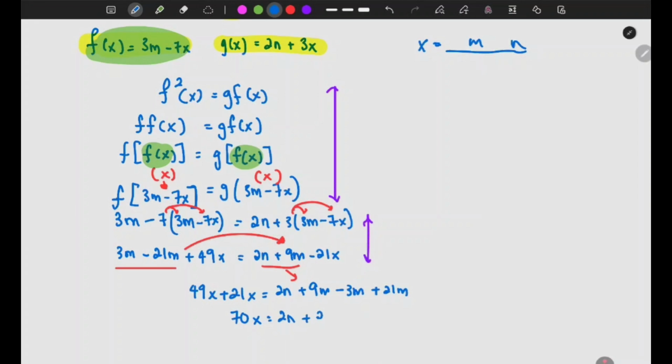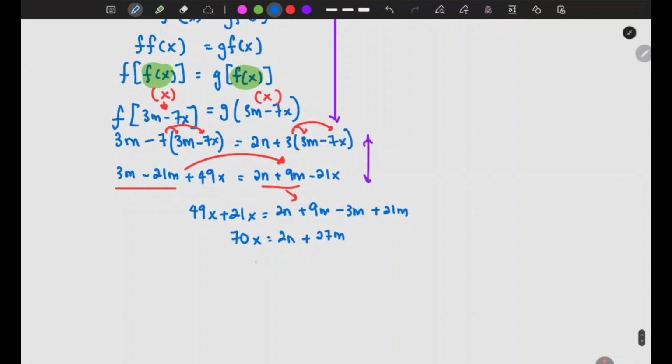Done. You have expressed your x in terms of n and m. Done. Here you go. So actually this is the composite function. All you need to know is there's another bridge that sometimes they don't tell us. You need to know there's a shortcut.